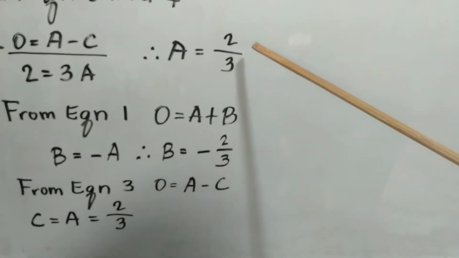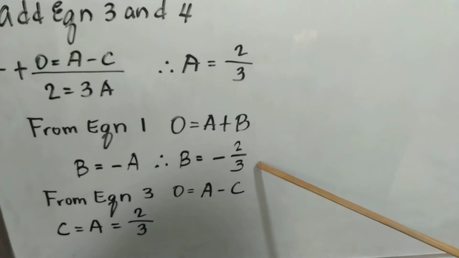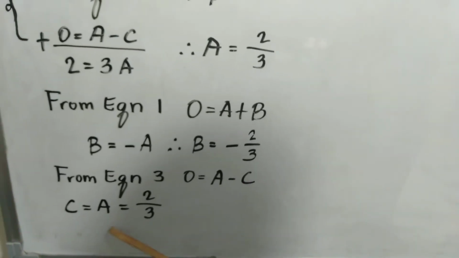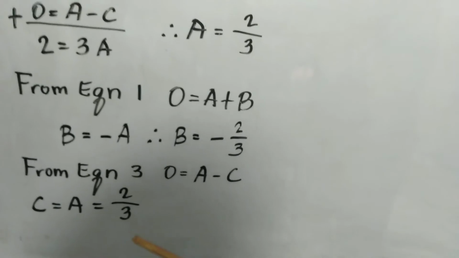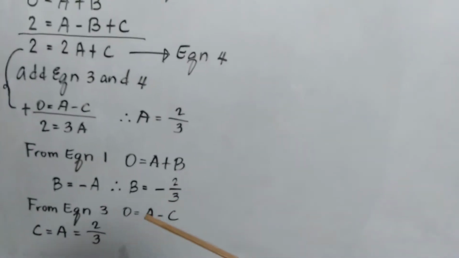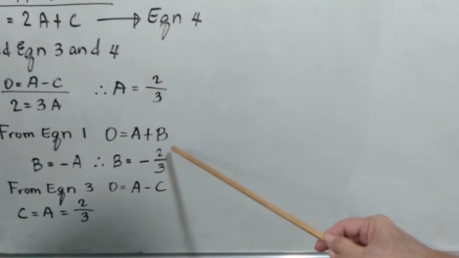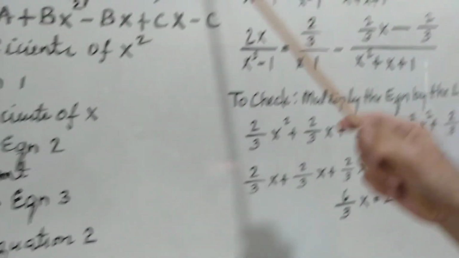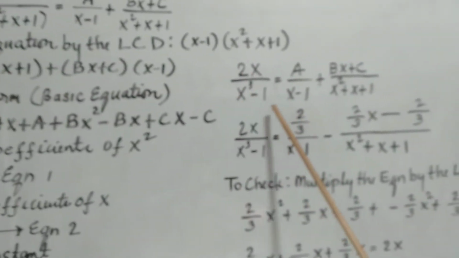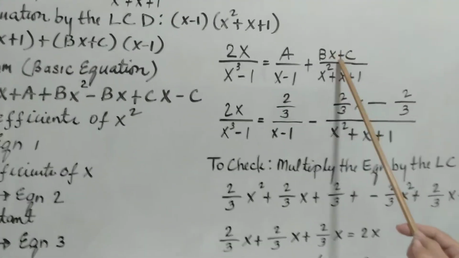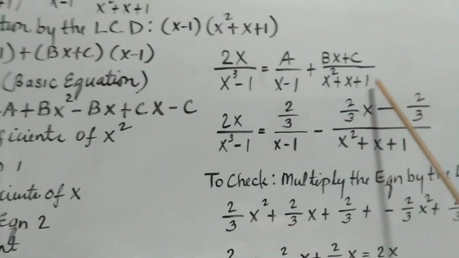We now have two values, A and B. From equation 3, 0 is equal to A minus C, so C is equal to A, which is equal to 2/3. So we now have the values for A, B, and C. A is 2/3, B is negative 2/3, and C is also 2/3. Then we substitute these variables to the representation of the partial fraction, which is A over x minus 1 plus Bx plus C over x squared plus x plus 1.